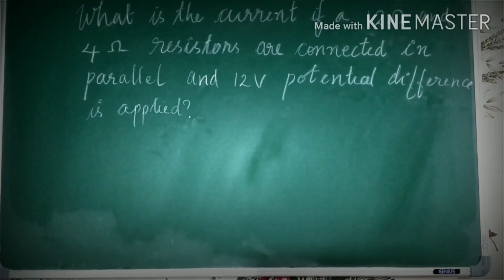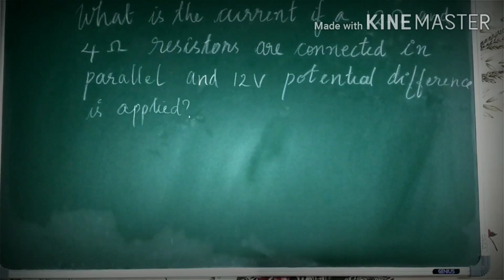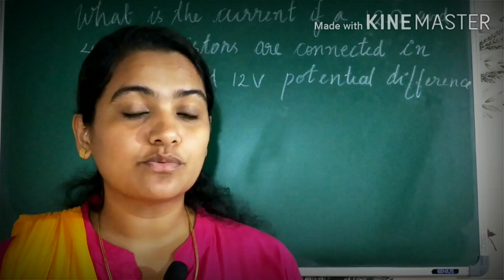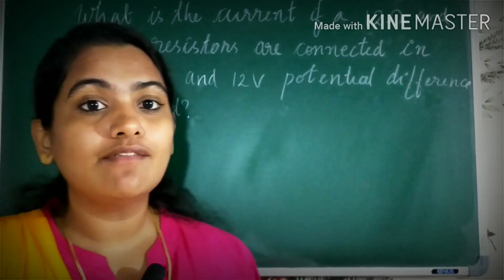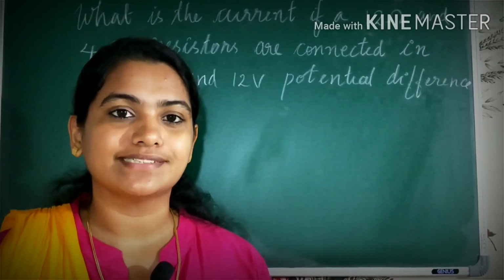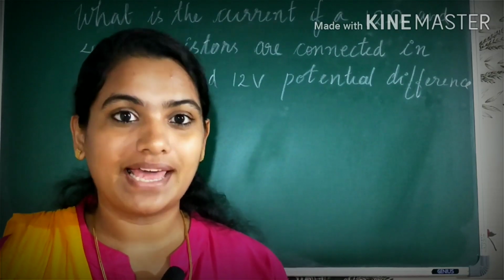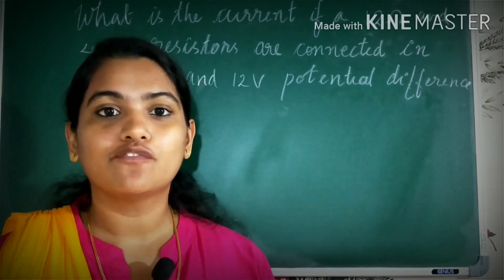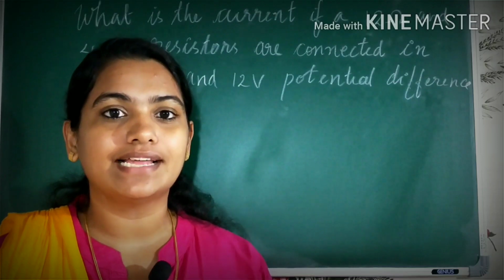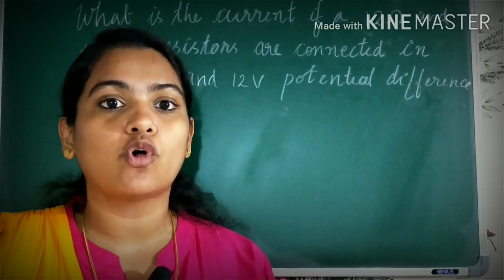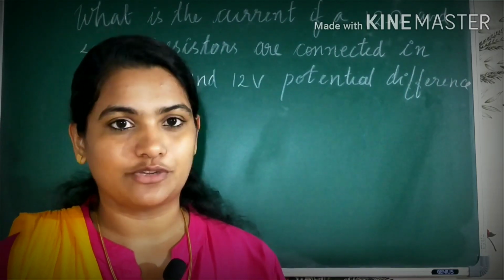Next question: what is the current if a 12 ohm and 4 ohm resistors are connected in parallel and a 12 volt potential difference is applied? So in this question, a 12 ohm and a 4 ohm resistor are connected in parallel, and a potential difference of 12 volt is applied across the circuit.